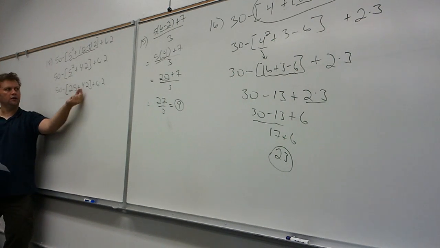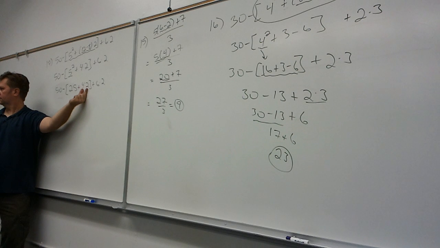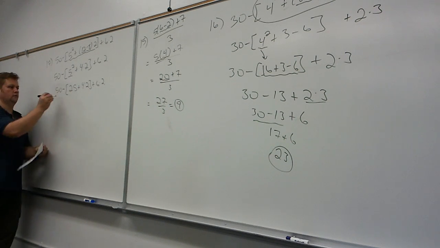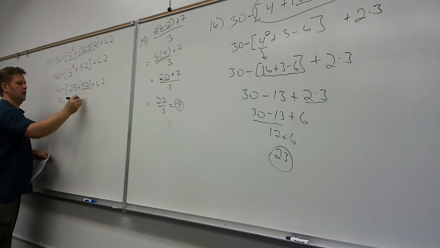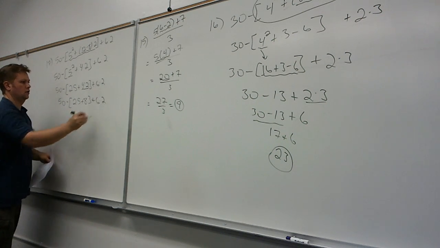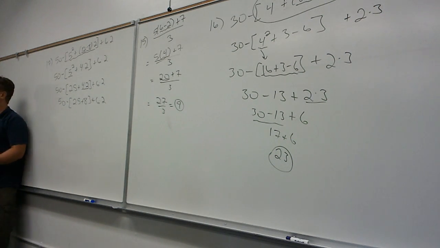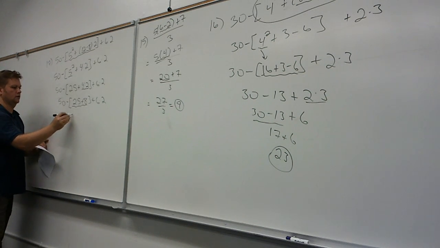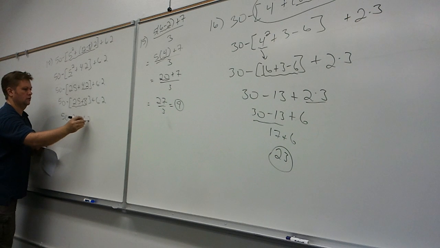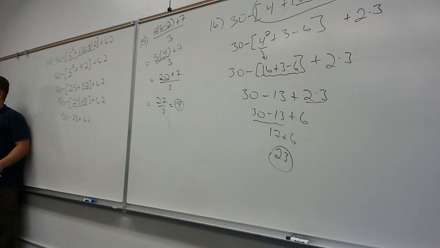I've got to do in here. I've got to multiply, like you said. Multiply before add. So multiply those, you get 8. And one last step to finish up that middle dude. 25 plus 8. Add those things together. What can I do in there first?